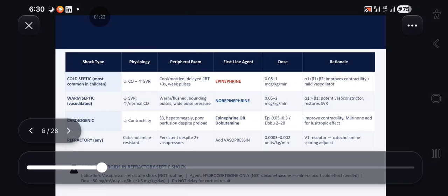The second most important step, the vasopressor. Vasopressor selection is also one of the most important tasks, and you can say most important talent, for the clinical pharmacist to optimize the shock management in pediatric population especially.